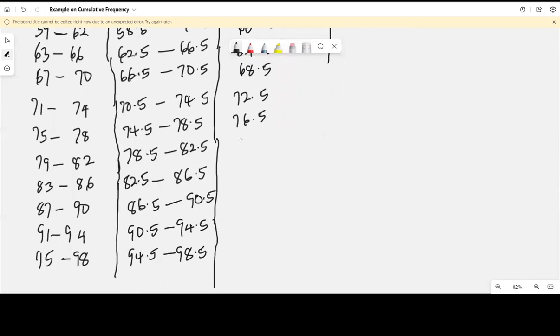The next one will be 80.5. 84.5. 88.5. 92.5. and 96.5 as the last class mark.